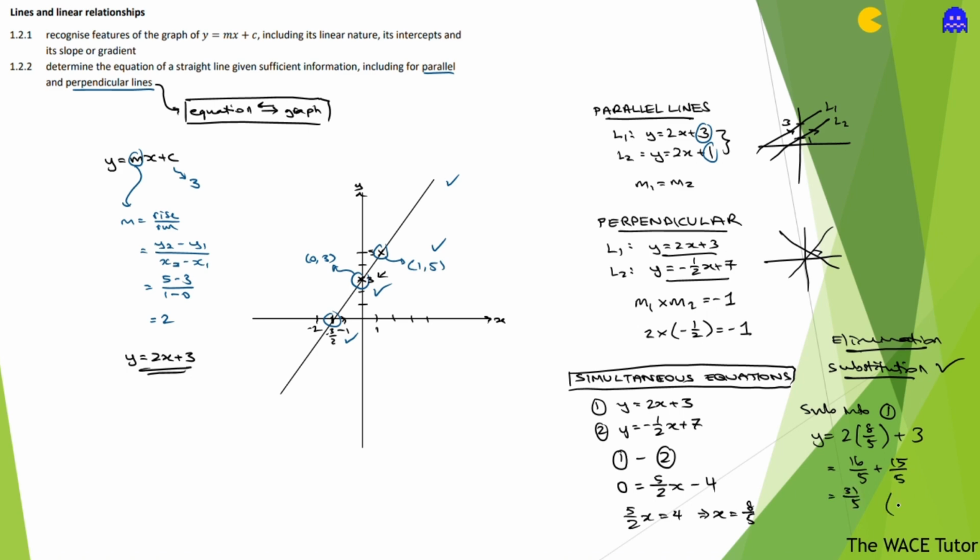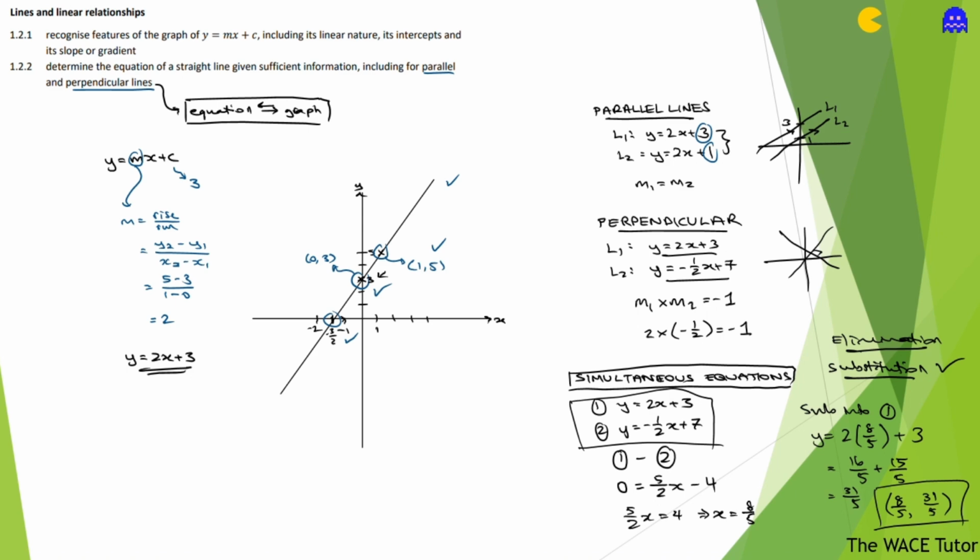And so my point of intersection, just like before, and you'd expect it to be the same given we're solving the same set of equations, will be 8 on 5, comma, 31 on 5. Okay, so this is the coordinates of where these two lines intersect with each other.